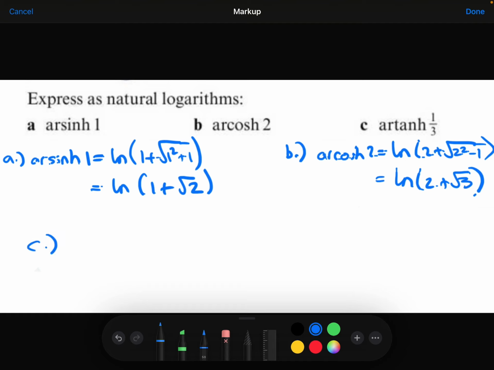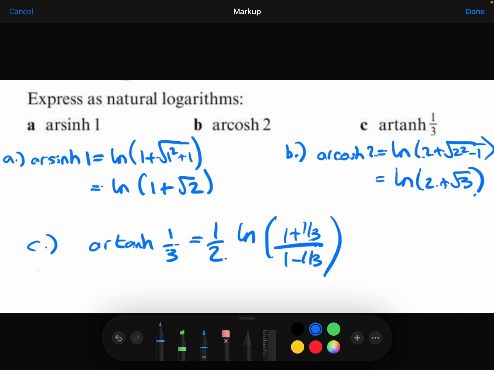And then finally, r tanh of 1/3. R tanh is a half ln of 1 plus x, so 1 plus 1/3, over 1 minus x, so 1 minus 1/3, which will be a half ln 4/3 over 2/3, which simplifies to be ln 2.